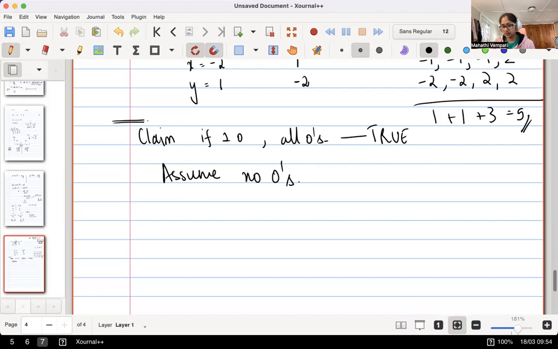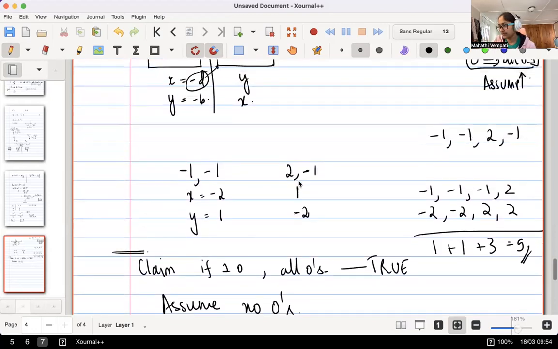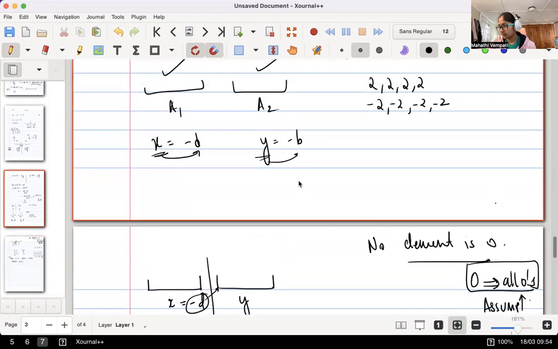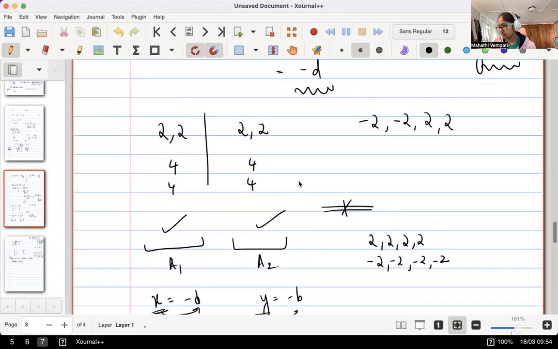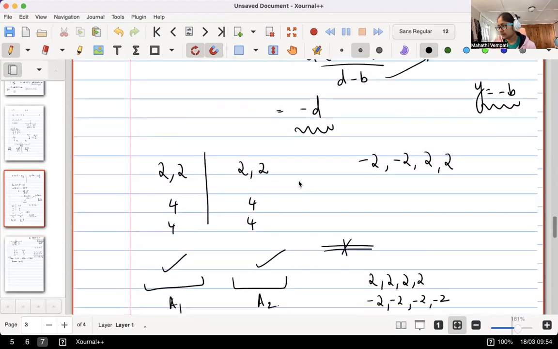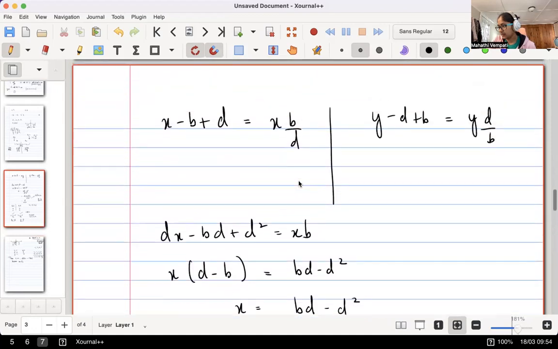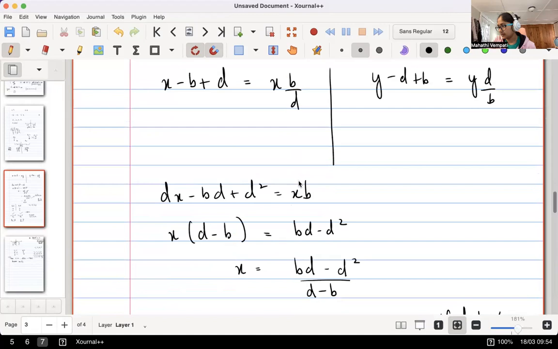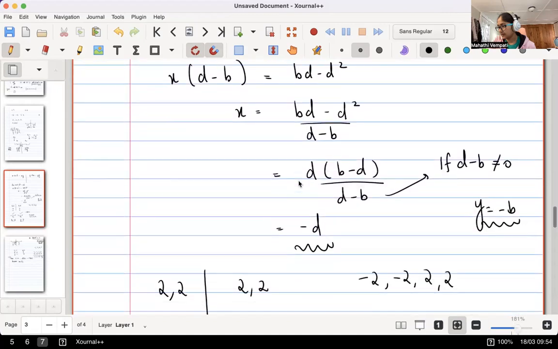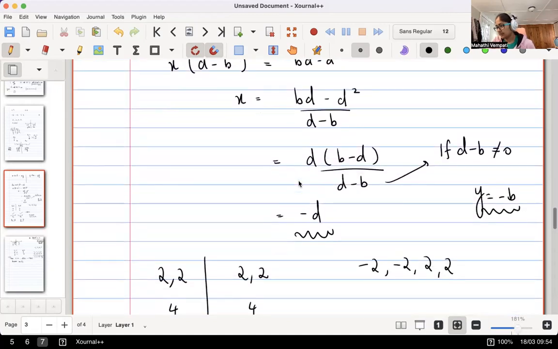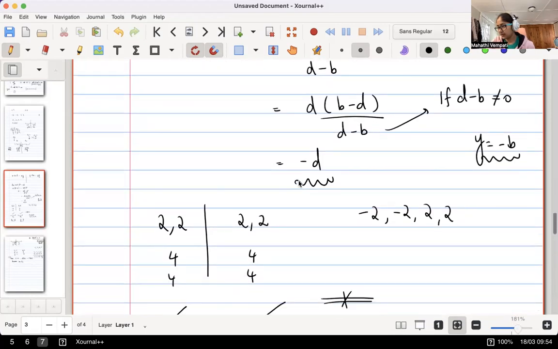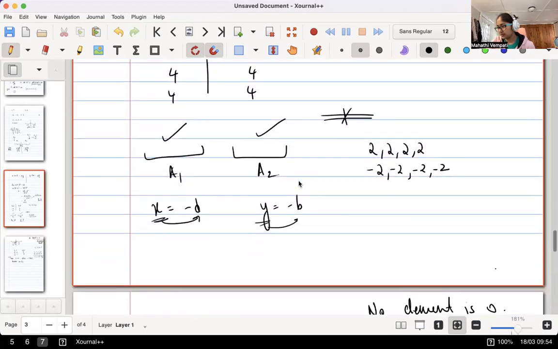If you assume no zeros, then the only issue I have in this whole calculation is exchanging the same element, right? If the same element is exchanged, then x can be whatever, but if a different element is exchanged, it has to be minus d. Okay.